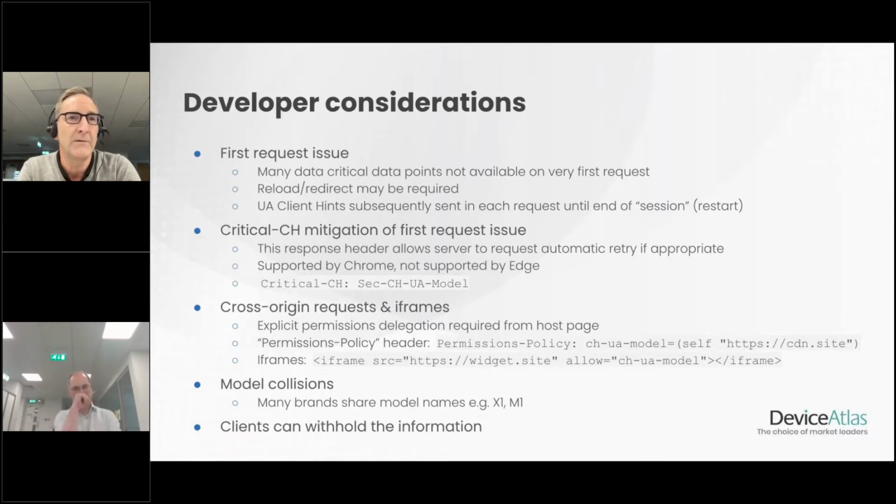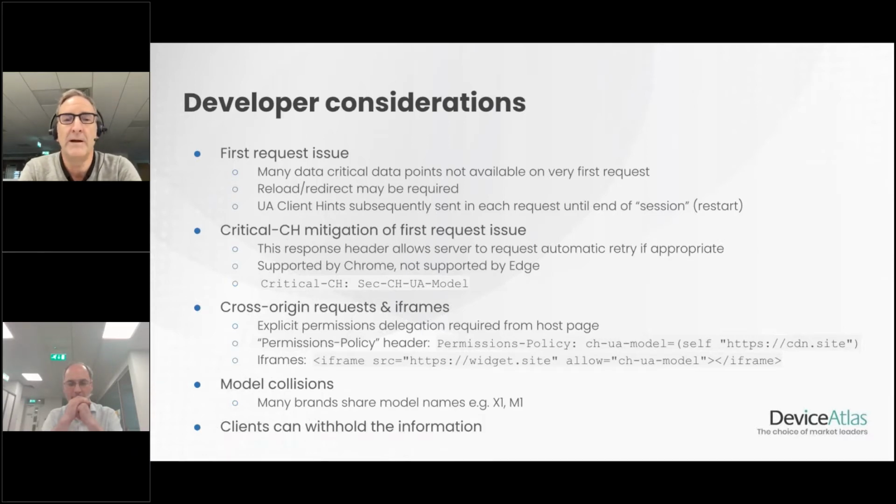This is supported by Chrome, but not supported by Edge. So it's a partial mitigation for the first request issue, but notably does not get around the delay factor, the performance hit.